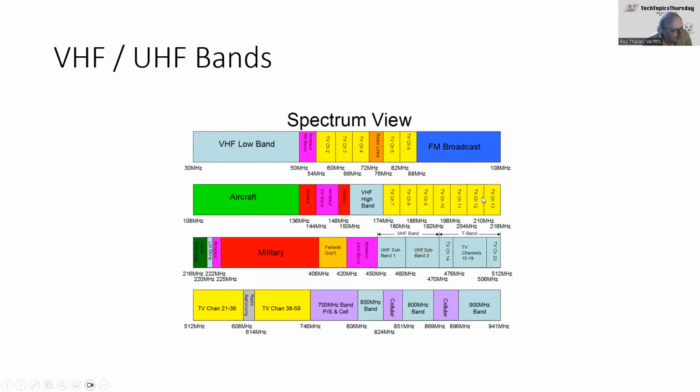And then you have more TV channels, military frequencies, federal government frequencies. And then you get into your UHF bands here, your TV channels, some radio astronomy, and then into cell phones and medical uses. So each one of these has an assigned use to it.